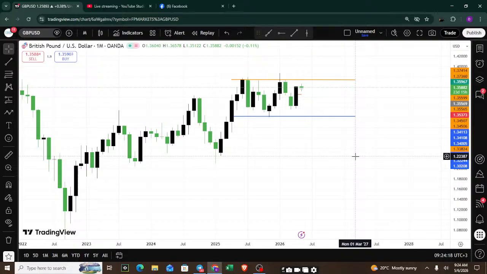So GBP USD, as you can see in this price action, has been trading on a consolidation for the longest time, for a whole year, and that means you have to adapt as a trader, because one thing is that my system only works very well during trending markets.